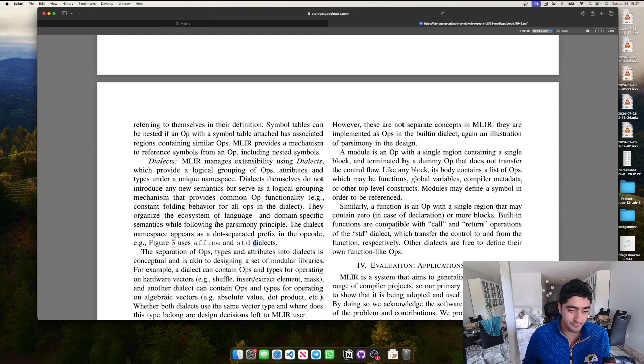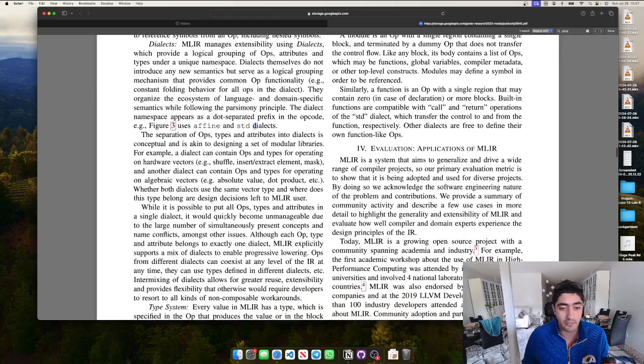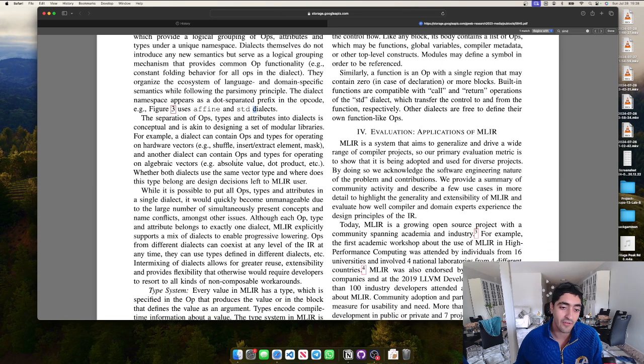Okay. The separation of operations, types, and attributes into dialects is conceptual and is akin to designing a set of modular libraries. For example, a dialect can contain operations and types for operating on hardware vectors. Example: shuffle, insert, extract, element, mask. And another dialect can contain operations and types for operating on algebraic vectors.